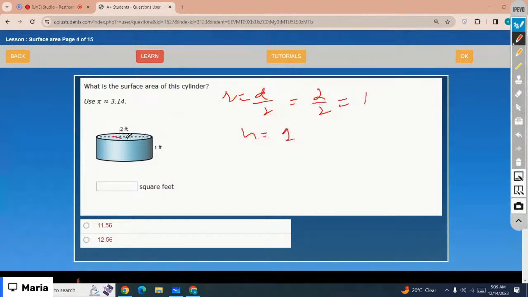You can see the top and bottom are circular faces. So the area of the circular face is A equals pi r squared. So 3.14 times 1 is 3.14.